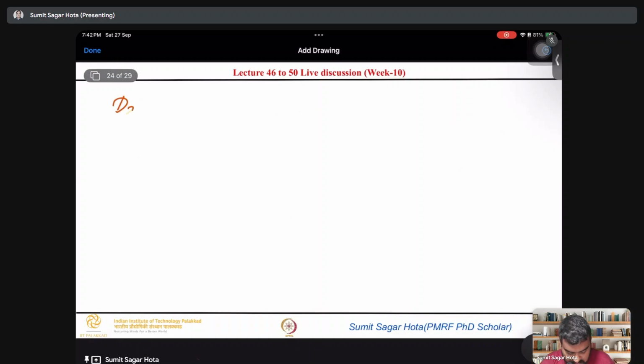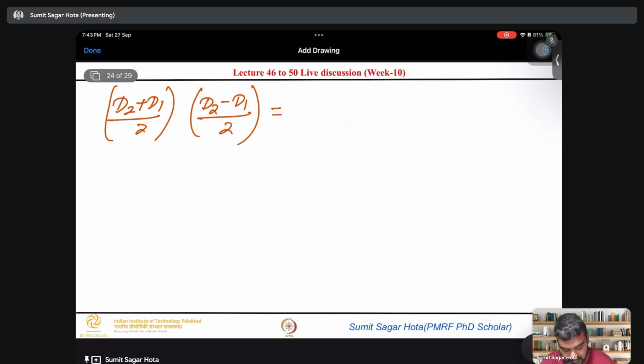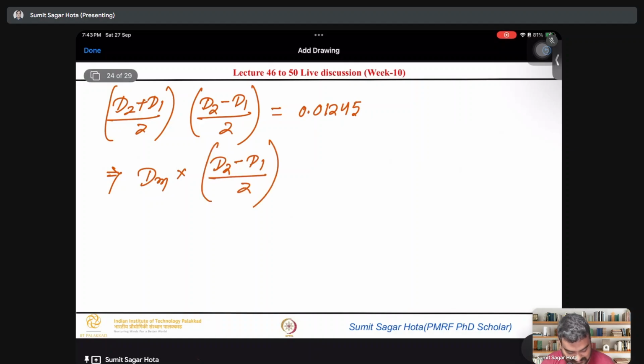So we can write it as d2 plus d1 by 2 into d2 minus d1 by 2, which is equal to 0.01245. So dm into d2 minus d1 by 2 is equal to 0.01245.